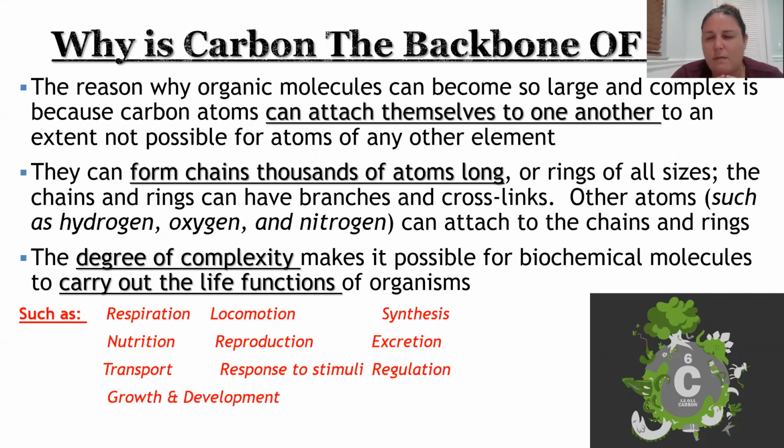Because it can make those 4 bonds, this is at an extent that's just not possible with other elements because they just can't make that high number of bonds. And so as a result of this, carbon being able to make 4 bonds, it can make chains that are thousands of atoms long. It can make rings. Those chains and those rings can have branches and cross-links, making these really complex large molecules.